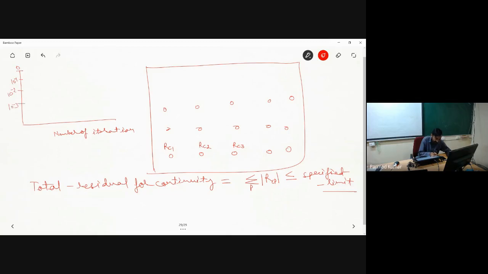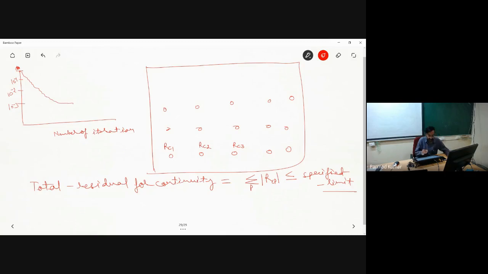Initially you find very high residual, and then there is some drop in residual.